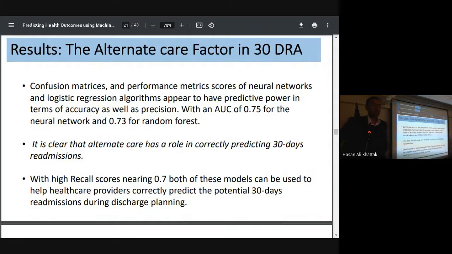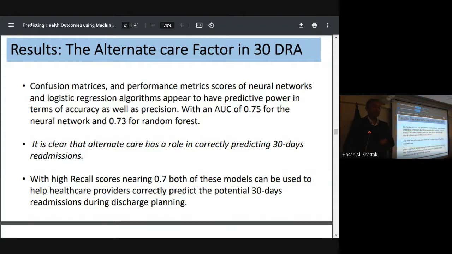For example, our result reveals that the AUC, area under the curve, is 0.75 for the neural network and 0.73 for the random forest. That answers the question which we raised at the beginning.